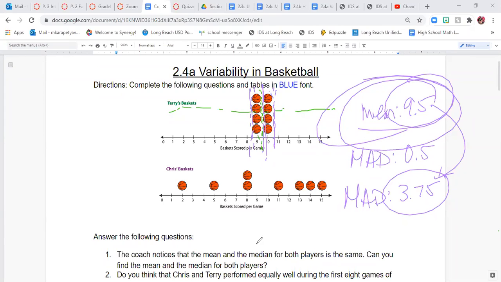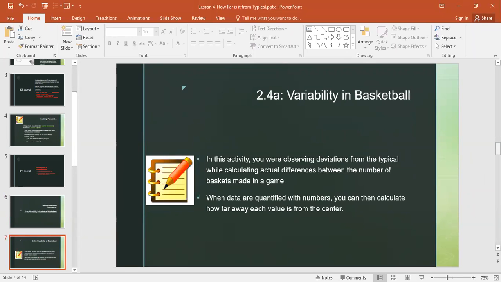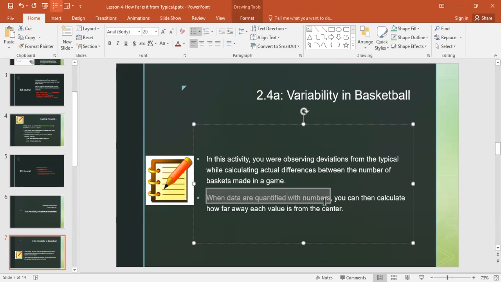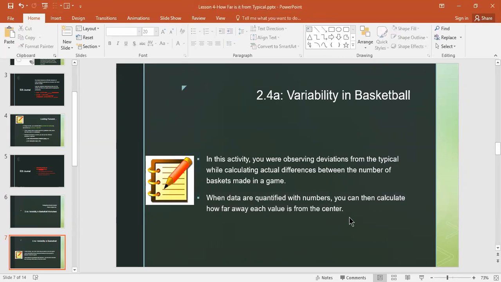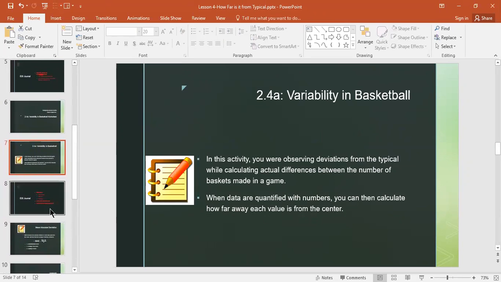So this brings us to our PowerPoint once again. And I want us to get this down here, especially this part right here. When our data are quantified with numbers, we can calculate how far each value is from the center. We can calculate how far each is from the center. And then we're going to close things out with a journal entry.